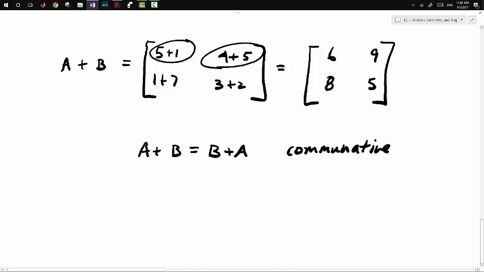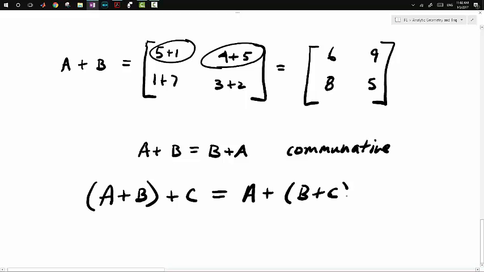Matrix addition also abides by the associative law, which means that A plus B plus C is equal to A plus B plus C, grouped either way. So the order in which you add matrices doesn't matter. So this is the associative law.